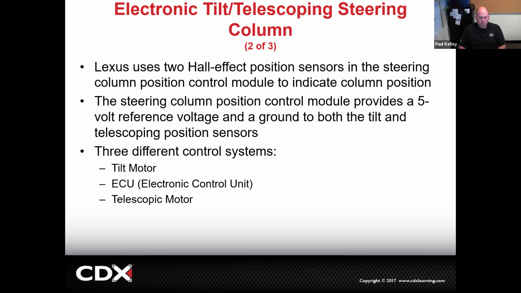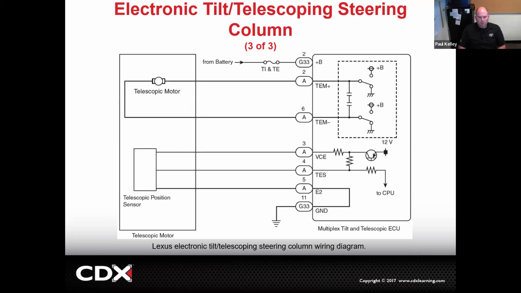Lexus is a little bit special because they use Hall effect sensors. It's basically like a really high-end fancy tilt telescope. Your telescoping sensor is telling this ECU the location, and if the customer's request is to have it in a different position, it's going to reference the position sensor, and then give 12 volts to this side and ground to this side, and that should move the motor, and the sensor should respond until it's in the desired position.